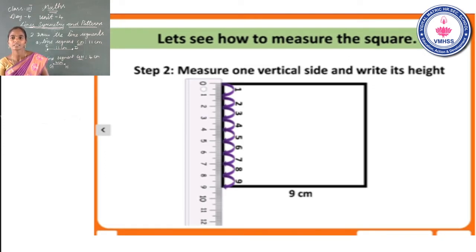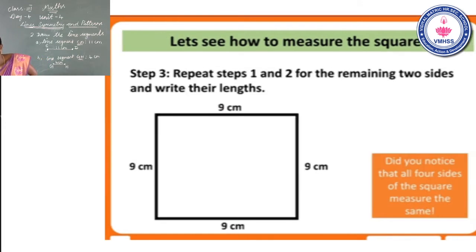So this length is also 9 centimeter. Step 3, repeat step 1 and 2 for the remaining 2 sides and write the length. Next vertical line 9 centimeter, horizontal line 9 centimeter. Okay, children listen.